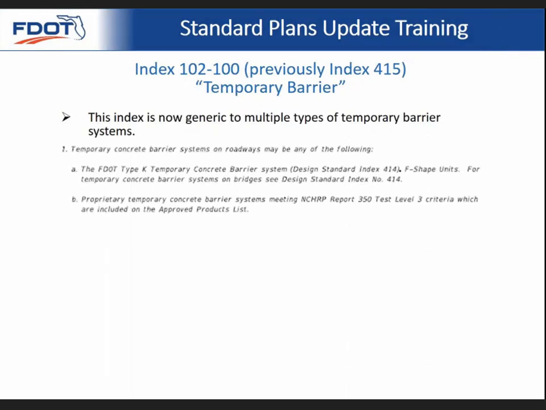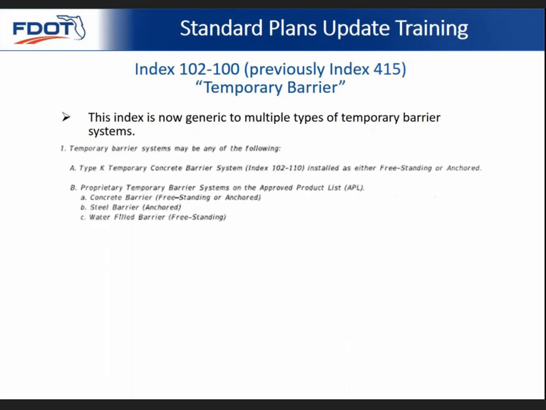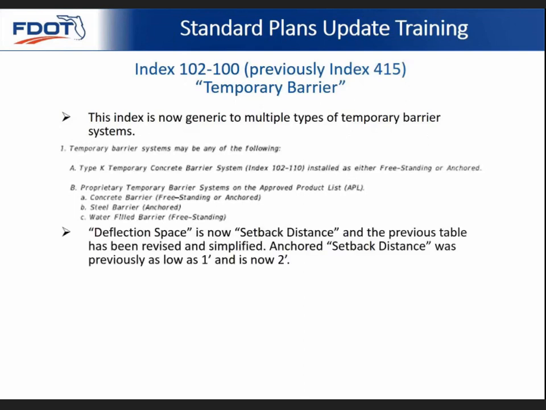Previously, this covered primarily concrete, but with the changes that we have now made, this index is covering concrete barrier, steel barrier, and water-filled barrier. Now, the primary differentiation between these barriers is whether they are freestanding or anchored. The other major change in this index is that deflection space is now setback distance.